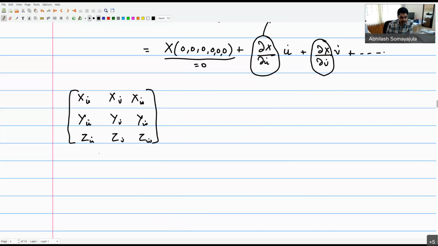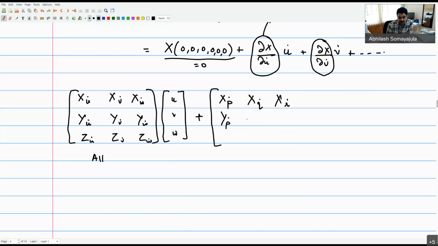This is A11, multiplied by V1, which is U, V, and W, plus I have X_P dot, X_Q dot, X_R dot, Y_P dot, Y_Q dot, Y_R dot, Z_P dot, Z_Q dot, Z_R dot.